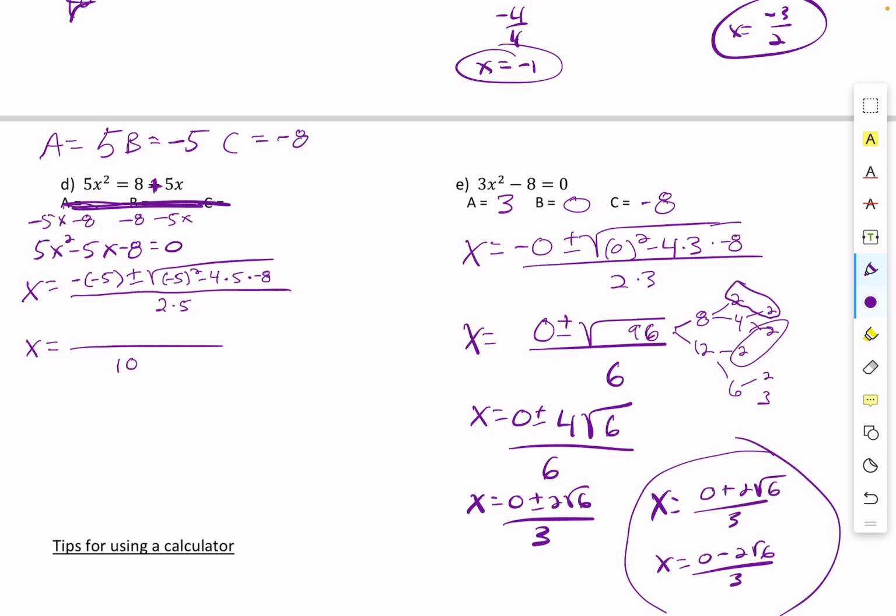Then I do under. Careful of your negative and your subtraction. So there's what it should look like typed in. If you typed it in right, you should have gotten 185.